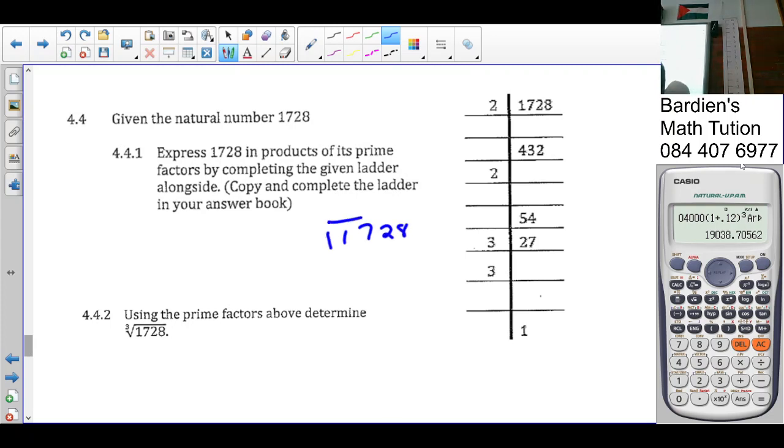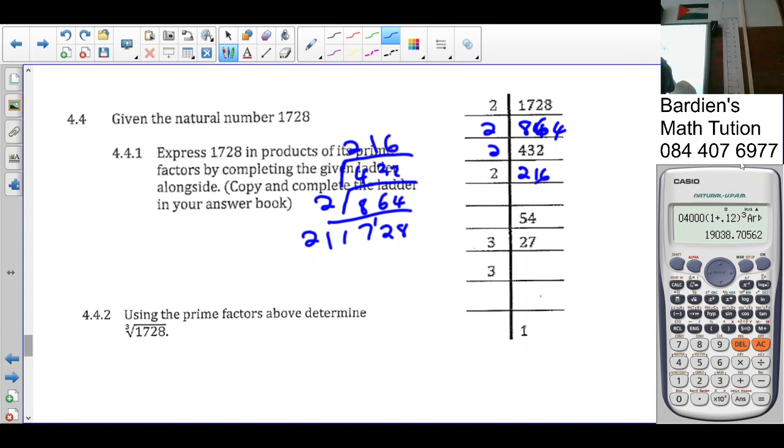1,728 divided by 2. 2 goes into 17 eight times, carry 1, 12 gives 6, 8, 6, 4. Is that correct? Yes, sir. So 864 divided by 2 is going to give you 432. Did I divide it again by 2? It's going to give you 216. Correct?